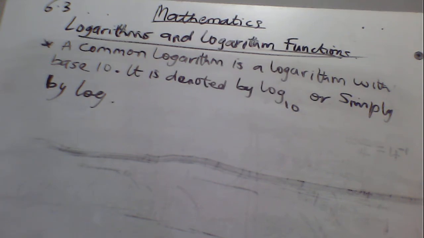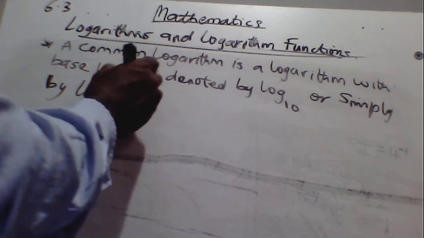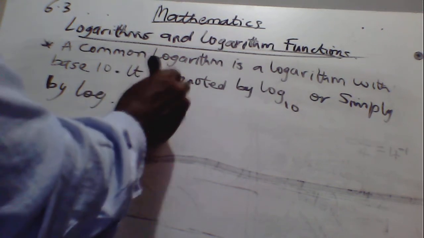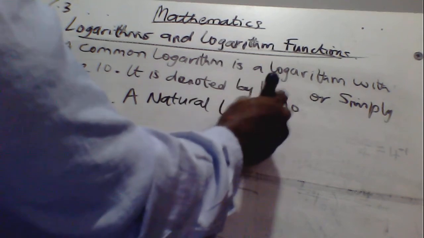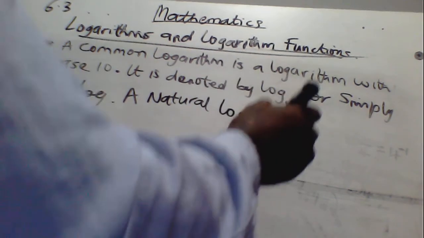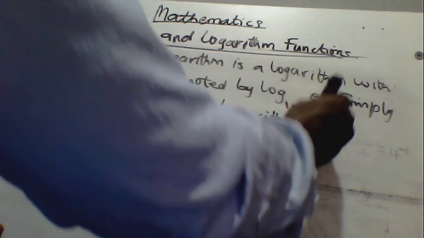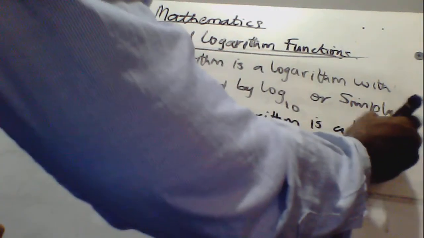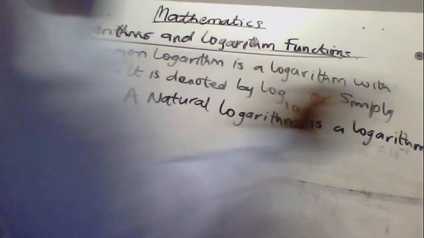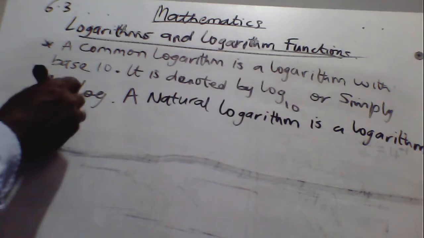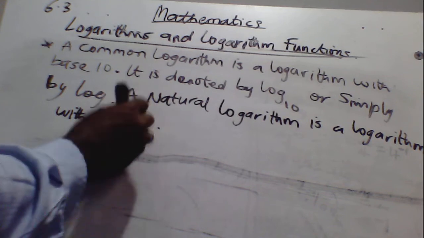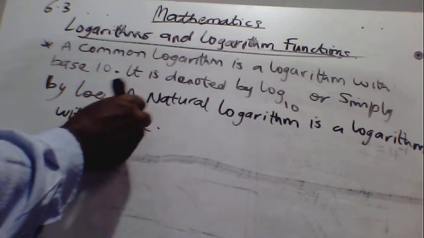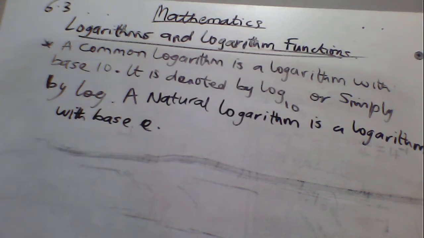So we also have a natural logarithm. A natural logarithm is a logarithm with base e.